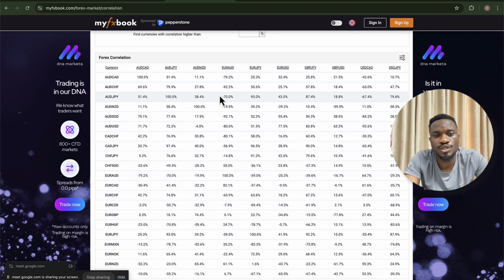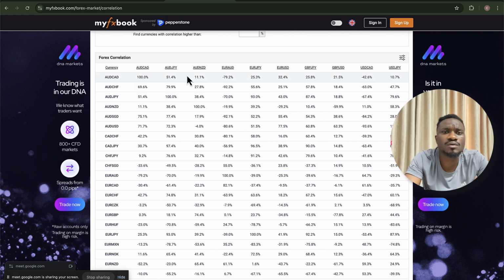The currency correlation we have right here is all about how markets are related, how currencies are related. Now, if we are talking about currency correlation, this is showing us similarity between currencies. We know in the Forex market, if you want to buy or sell currencies, you have to pair them together.